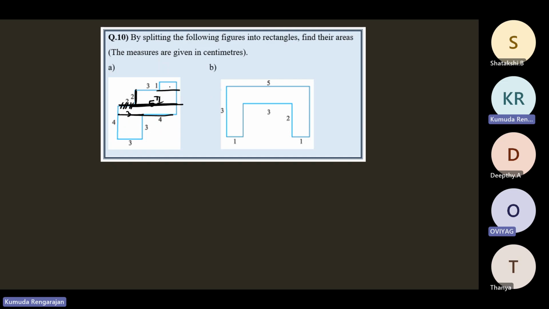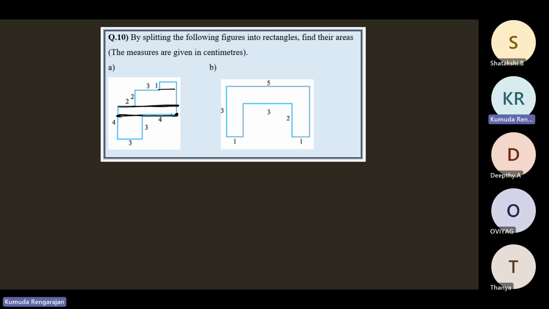Ma'am, and why should we subtract 2, ma'am? What is the length from here to here? What is this length? 7, ma'am. So what is the length from here to here? 7, ma'am.